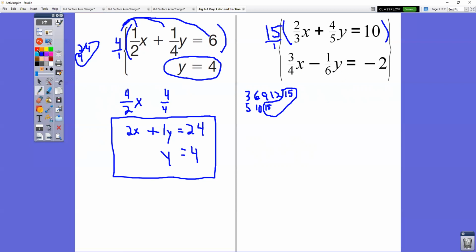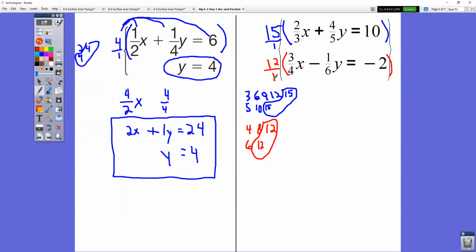If I take a look at my bottom equation, I have 4s and I have 6s. So I want to count by 4s and I want to count by 6s. 4, 8, 12. I know that I could stop there because when I go to count by 6s, 6, 12. So I want to multiply this bottom one by 12.